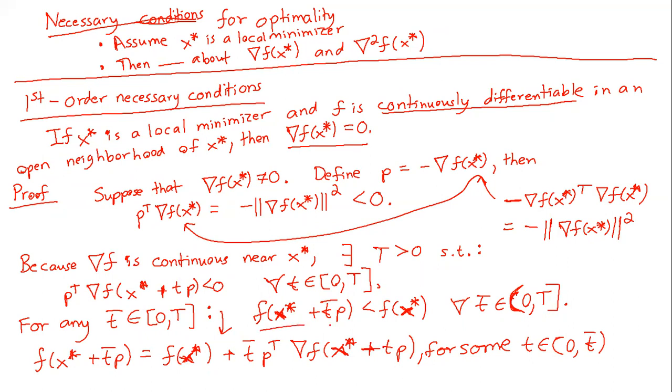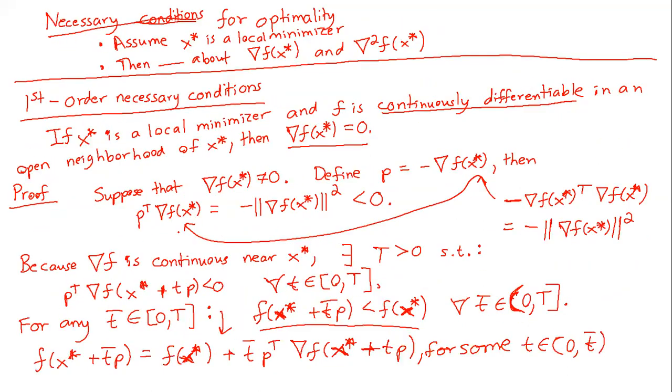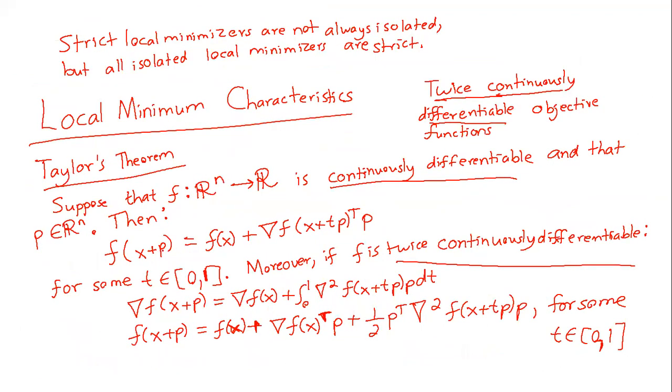And then that leads to this condition. This is the statement of Taylor's theorem, if you want to compare. Here, x plus tp; here, x plus t-bar p. So the t-bar p plays the role of the straight-up p over here.